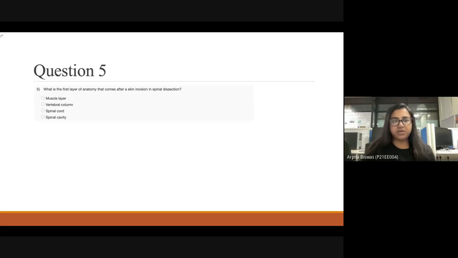What is the first layer of anatomy that comes after a skin incision in a spinal dissection? First option is the muscle layer, second option is the vertebral column, third option is the spinal cord, and fourth option is the spinal cavity. So, what is the right option here?